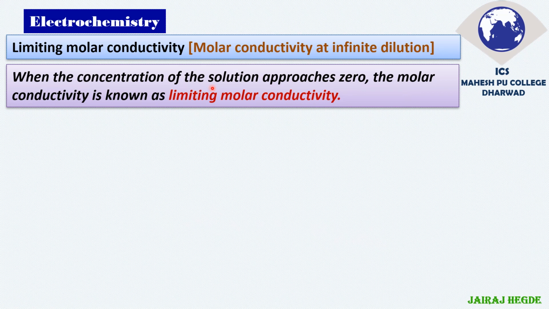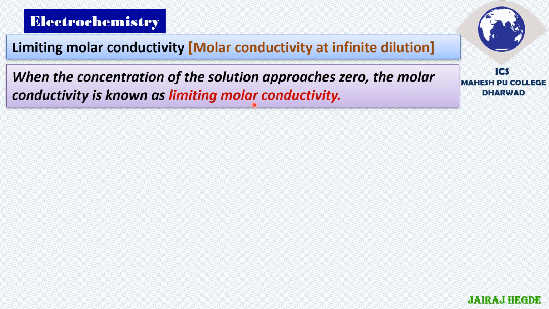But the value of molar conductivity when the concentration almost approaches zero, theoretically we say it is almost equal to zero concentration. Practically, it is impossible. Theoretically, whatever the value of conductivity we get when the concentration approaches zero, we call it limiting molar conductivity or molar conductivity at infinite dilution.